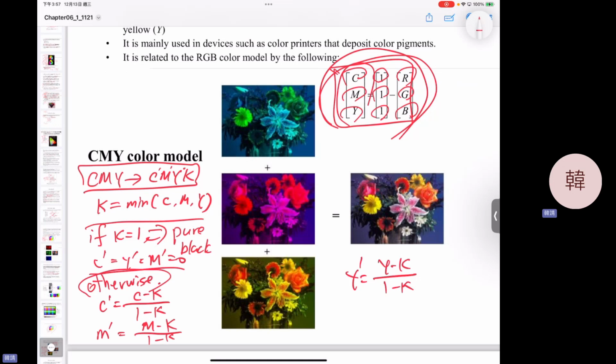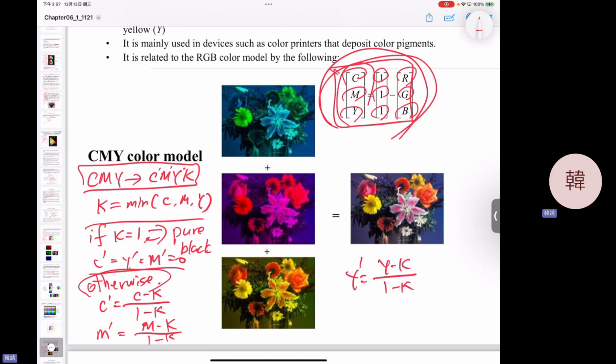The numerator is the same, 1 minus K. K is a minimum number there, so the sum should be 1.